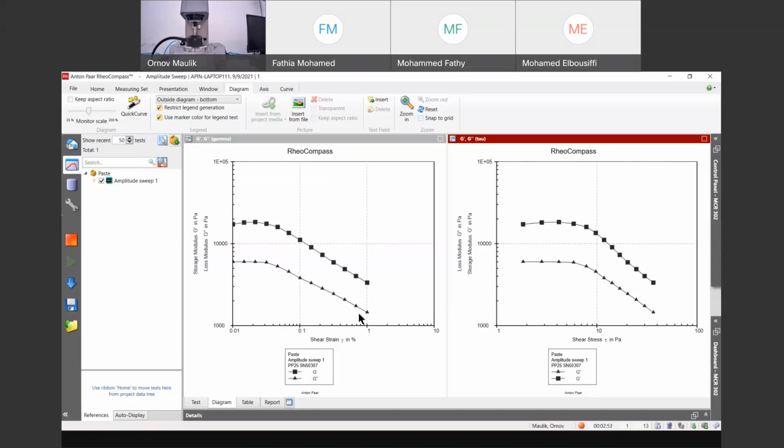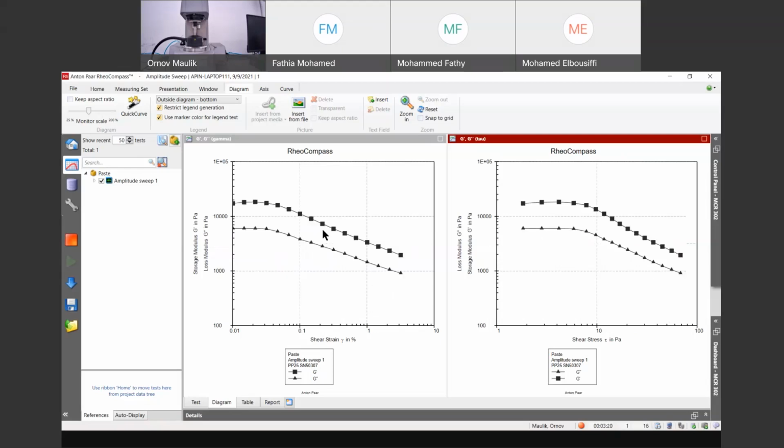Of course, the yield stress from this type of data can be different from what we got in our previous test, because as I mentioned, in that test, even if you are applying 1 Pascal of stress onto your sample, you do not know whether even at 1 Pascal there is some change in the microstructure of that sample.